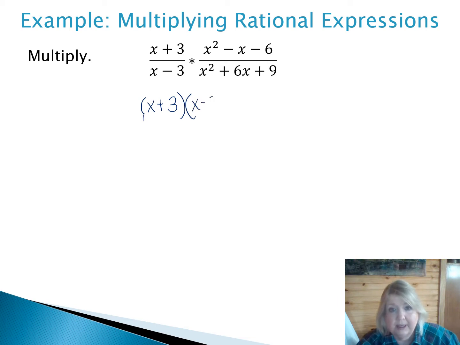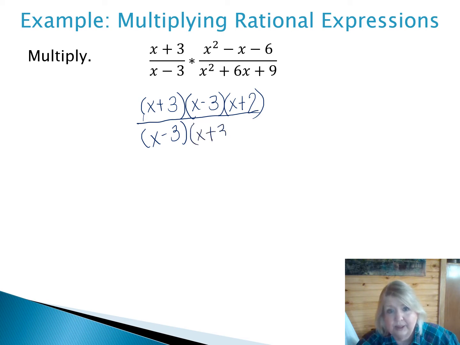So this is x minus 3, x plus 2. And again, you factor it however you factor. And this is x minus 3. Then this is a perfect square trinomial. So that's x plus 3 squared.